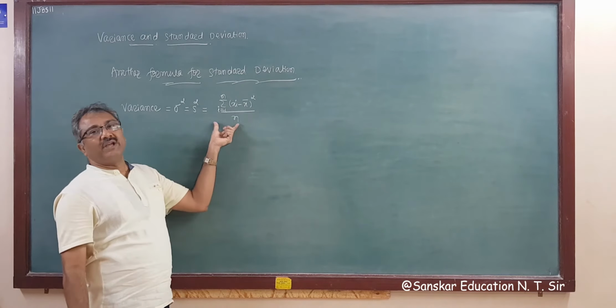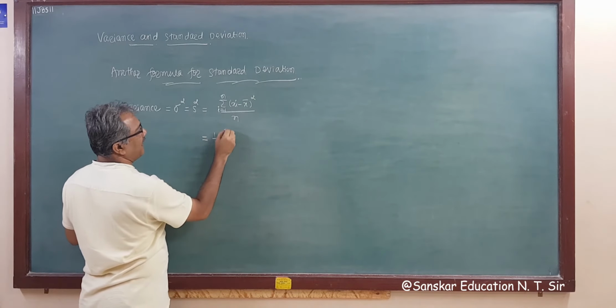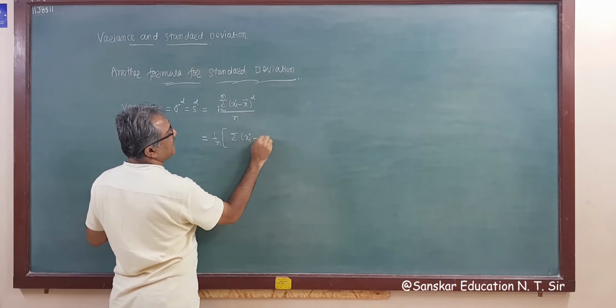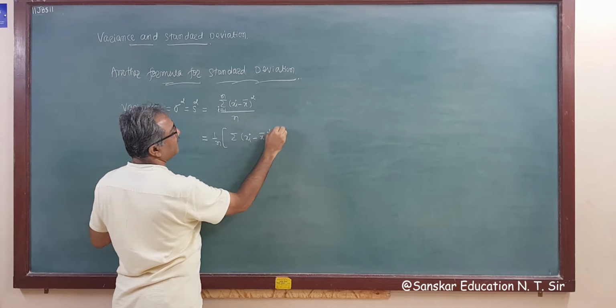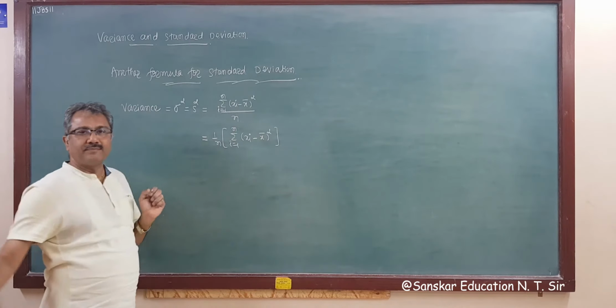Now we have to simplify this. So this is equal to 1 upon n sigma xi minus x bar whole square, i running from 1 to n. Right?